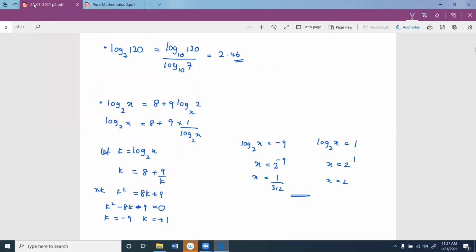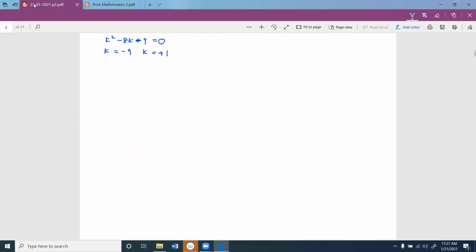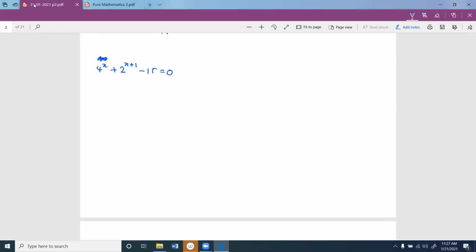If you come across this, the equation to be solved is 4 to the power x plus 2 to the power x plus 1 minus 15 equals 0. We need to solve this equation. Now let's see how to do this question.